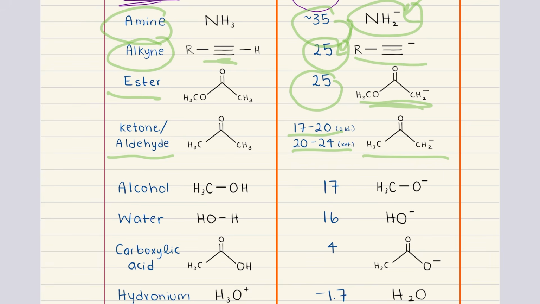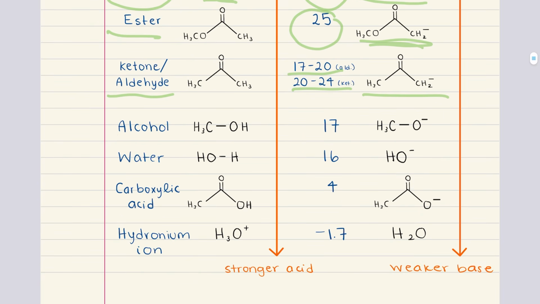Then as we move lower in pKa, we reach alcohols with a pKa of about 17. Alcohols are significantly more acidic than amines or alkanes. Water is next up with a pKa of 16. This is pretty close in acidity to alcohols. Then we have carboxylic acids.